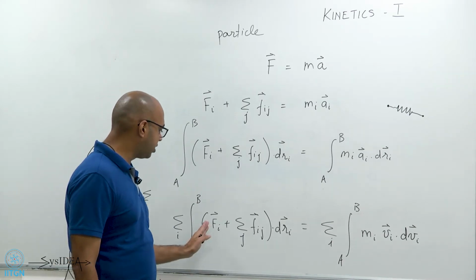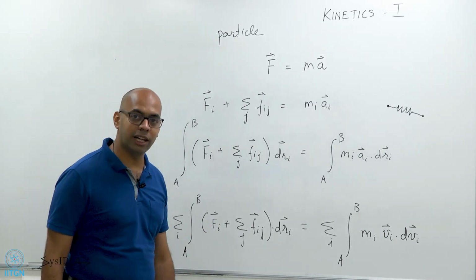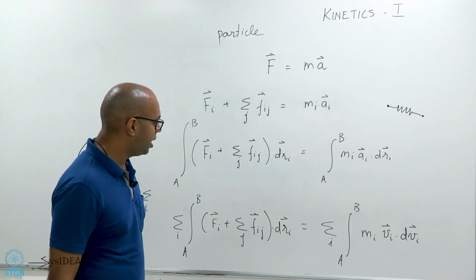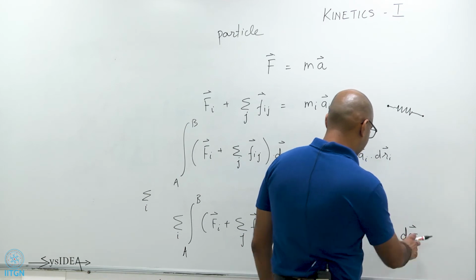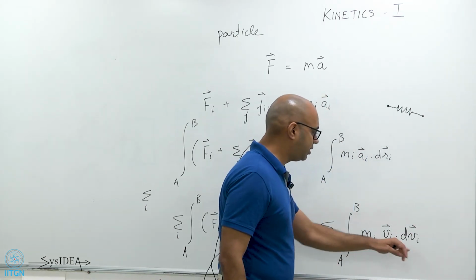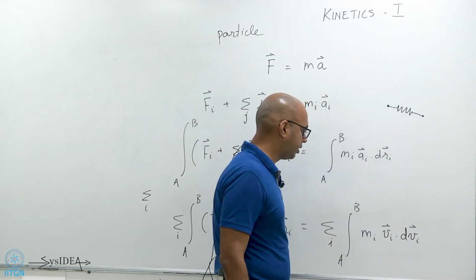You will see that you get work done due to external forces and you get work done due to internal forces. And on the right hand side, again, you can split this in a bunch of terms.